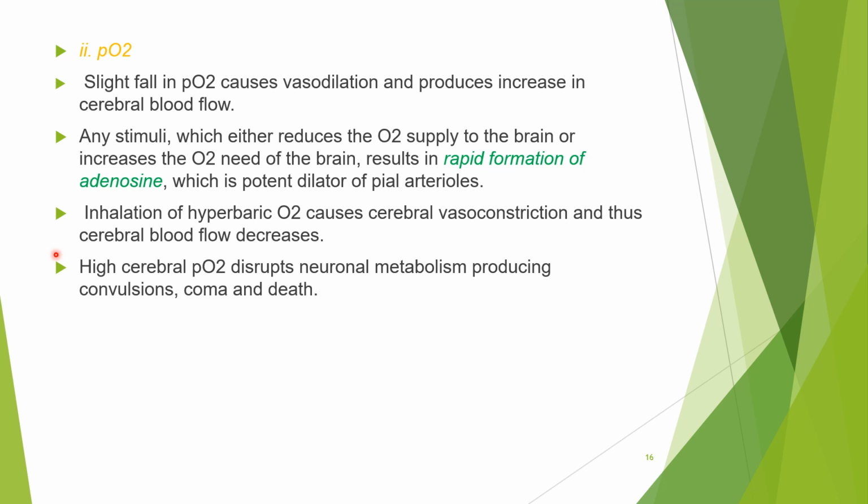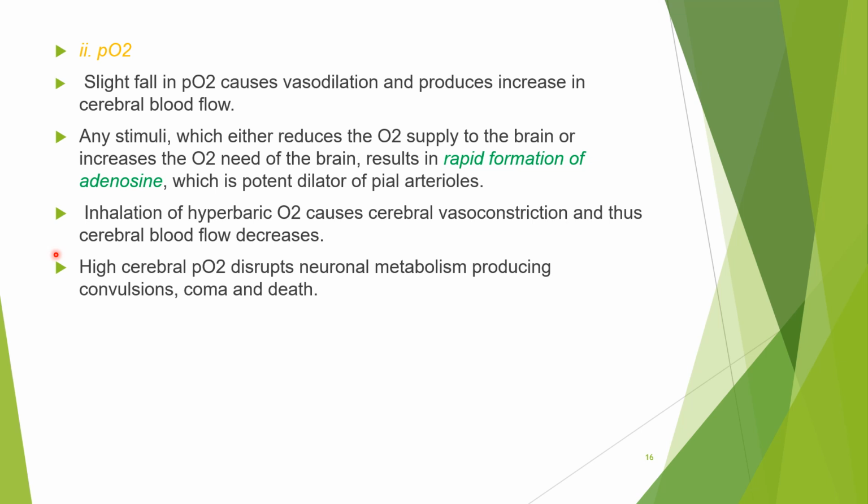In the CSF, what happens? This carbon dioxide combines with water and forms H2CO3, that is carbonic acid. And this H2CO3 will dissociate into H plus ions and HCO3 minus ions. The H plus ions will induce the cerebral vasodilatation. So this is the mechanism by which carbon dioxide is causing cerebral vasodilatation.